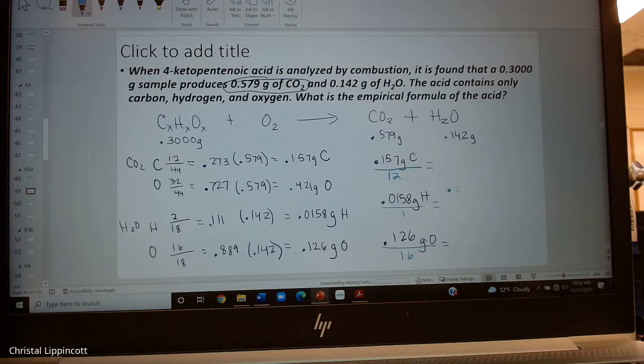So this ends up being 0.0158. I can do that in my head, at least. This guy ends up being 0.0132. And this guy ends up being 0.00790. All right, what do I do next?